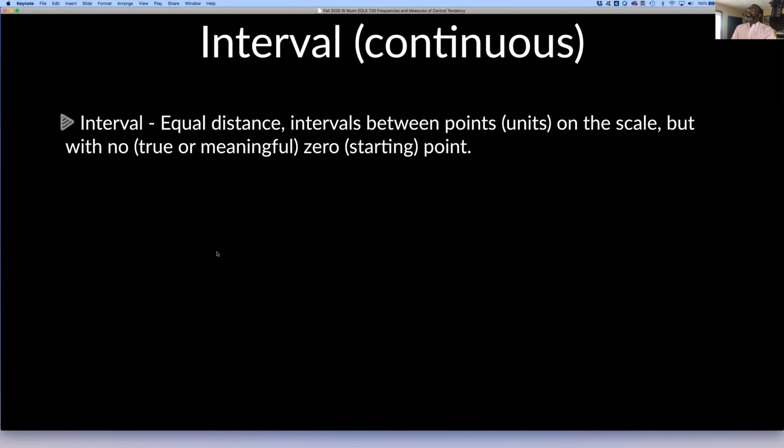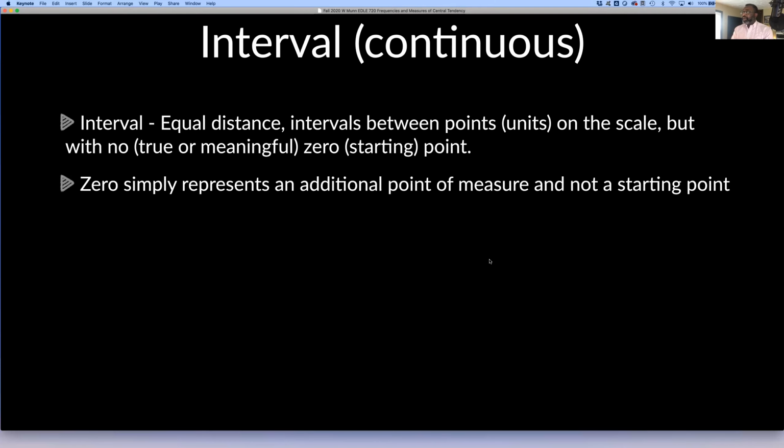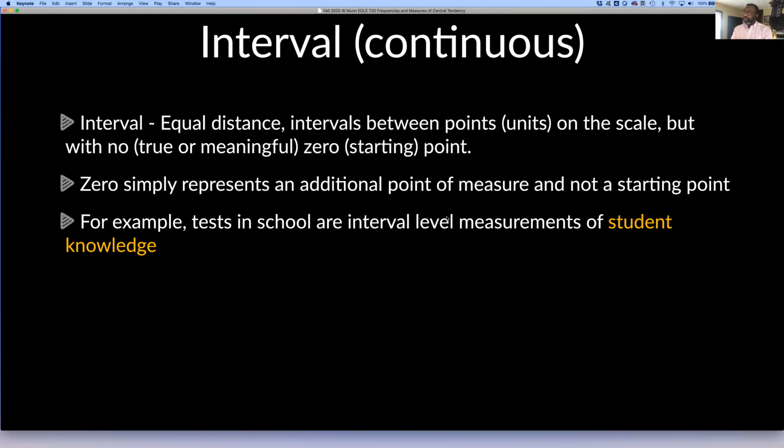Interval. This is continuous. We're moving into continuous scales of measurement. Equal distance intervals between points and units on a scale, but with no true meaningful 0 or starting point. 0 simply represents an additional point of measure and not a starting point.